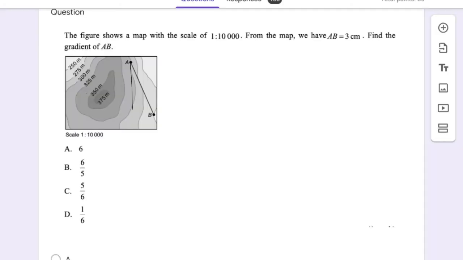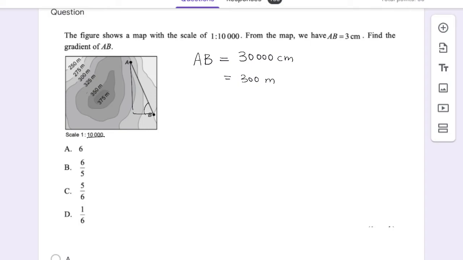For this question, you know that we have AB equals to 3 cm, and you're going to find out the gradients. It means you will just have the diagram like this, and it is in 1 to 10,000. So you know that the length of AB actually equals to 30,000 cm. When you convert it, you have 300 meter for the horizontal distance.